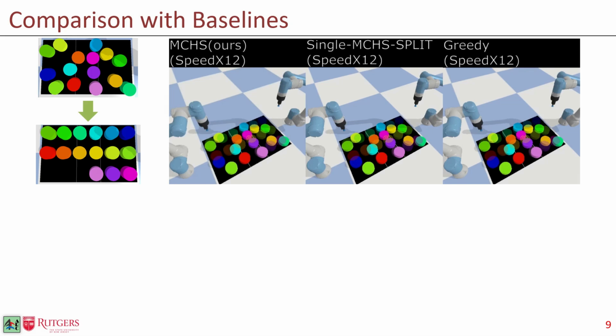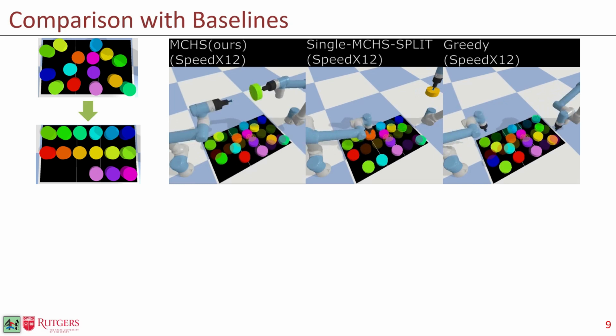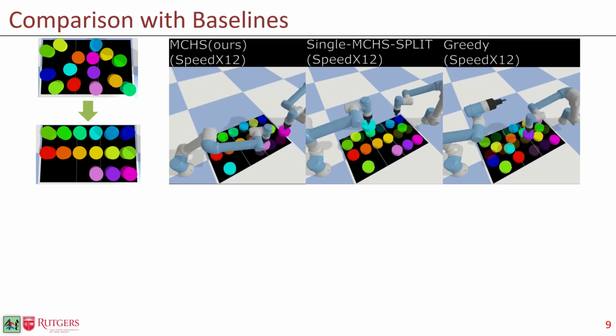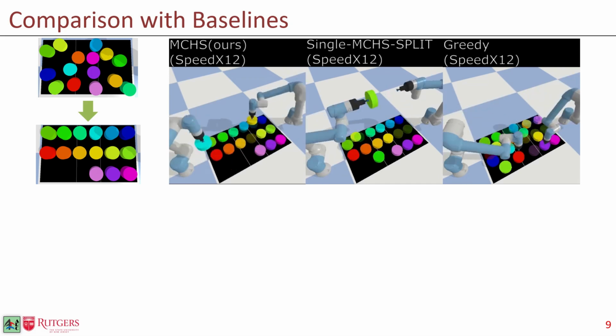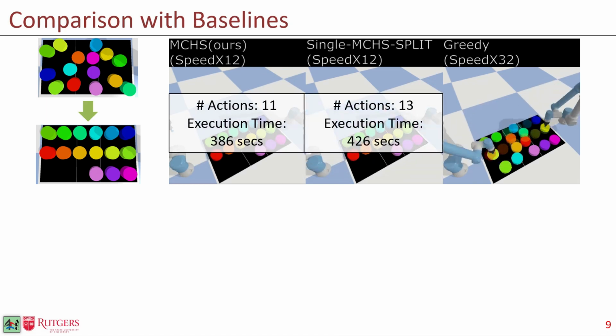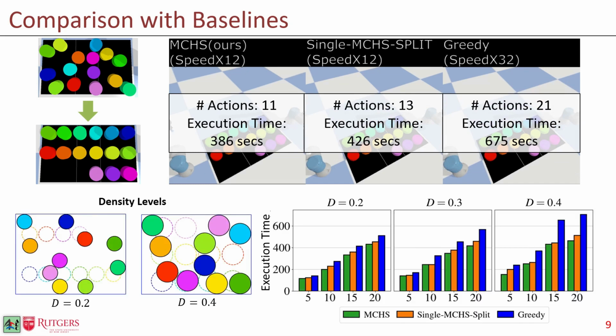The greedy algorithm picks and places nearby objects without a long-term plan. We compare them under different density levels D.